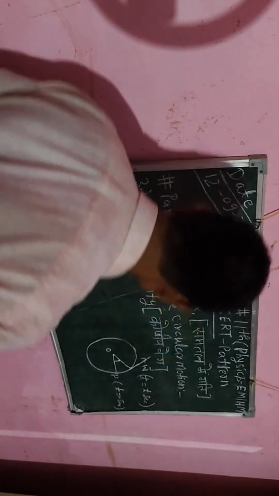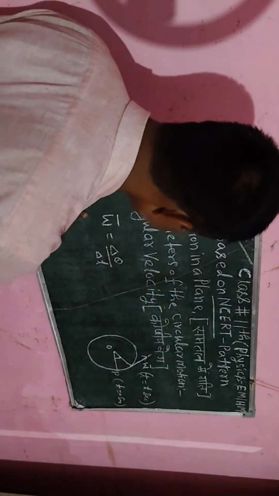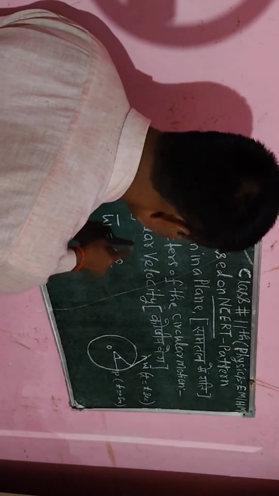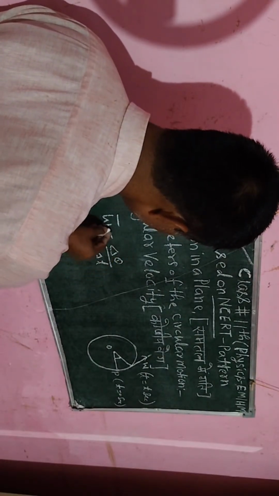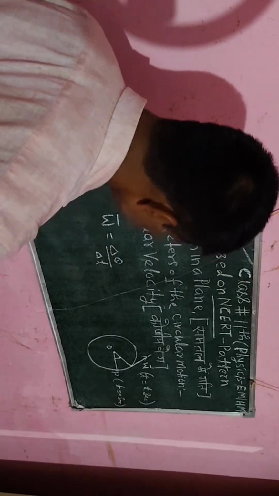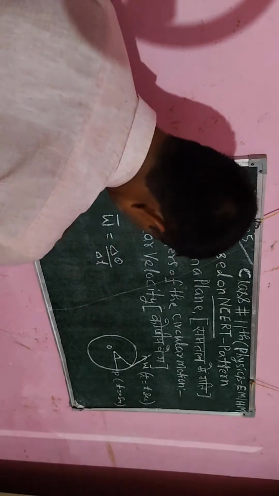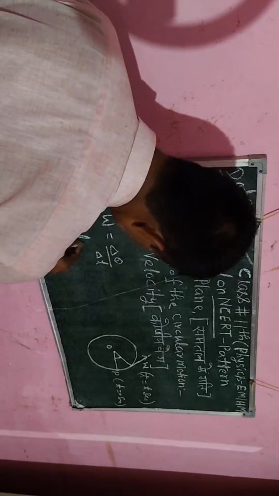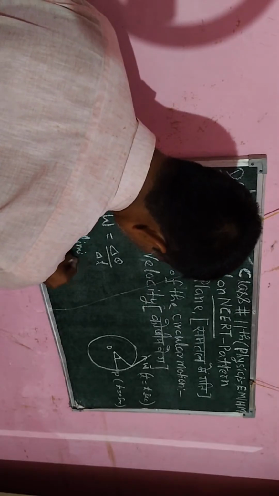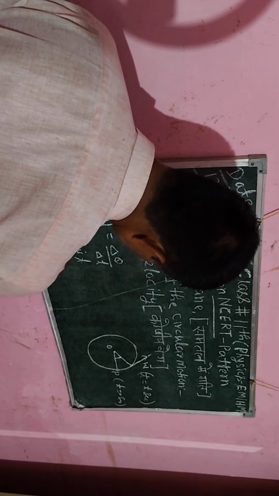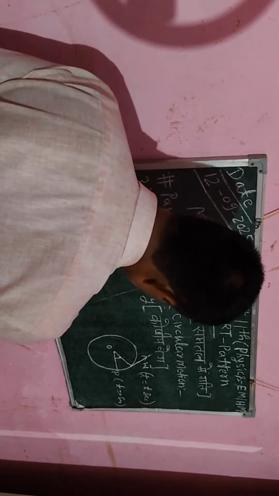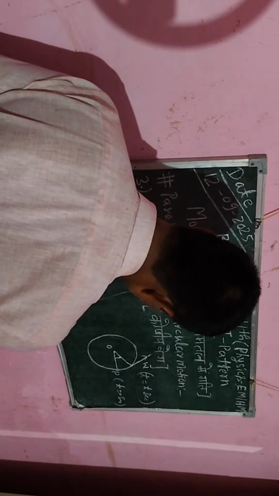Now we have to write angular velocity, that is represented with omega. I will write omega equal to the limit delta t tends to 0 of delta theta divided by delta t.